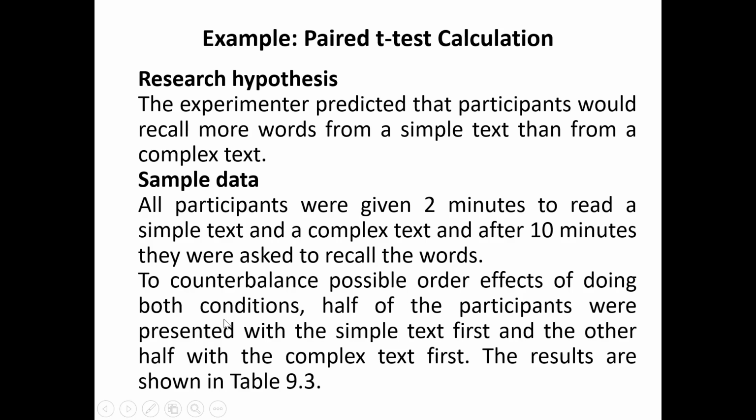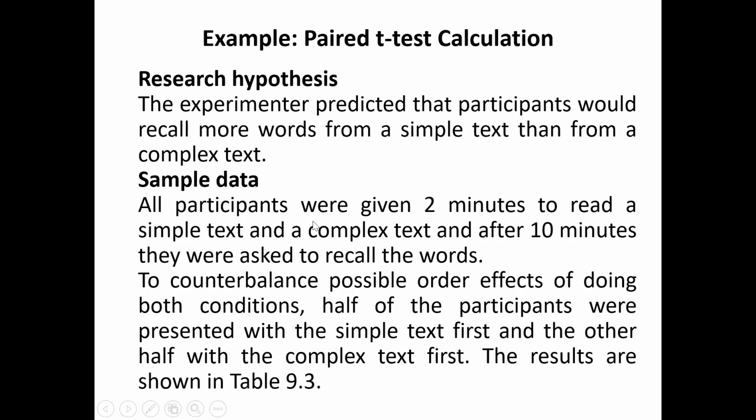Half of the participants will do the simple text at time A, while the other half will do the complex text at time A. Then at time B, you go the other way around. Those who do the simple text at time A will now do the complex text at time B, while those who do the complex text at time A will do the simple text at time B.